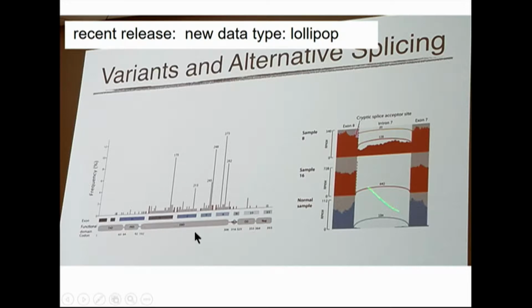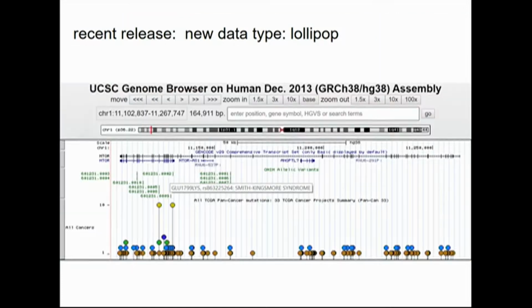And here's one that is not a genome browser shot, but it shows the number of individual variants at these particular locations. He might not have known it when he made this slide, but just about a month ago, we released a new data format we call Lollipop, in a TCGA gene set that's been released on HG38, which shows you how many times that particular variant has been seen in that data set.